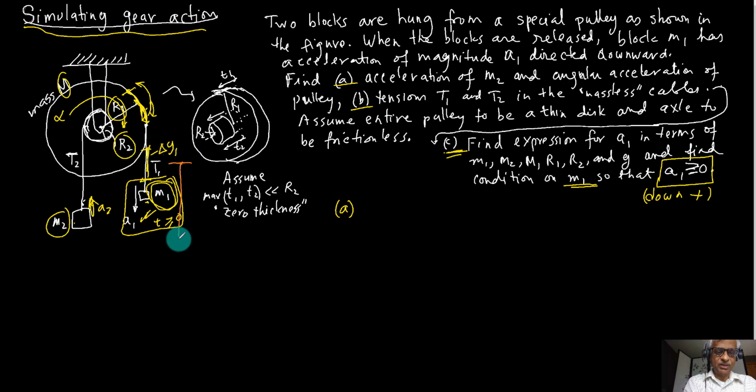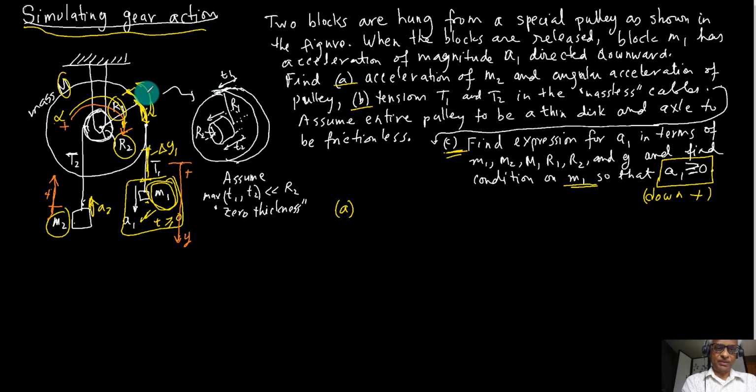So this will be my axis for this guy, and for this guy my axis will be pointed up, positive for this guy, positive for this guy. And for this, if I am going this direction, I'm going to have a positive. I know this is clockwise, but clockwise will be positive for me.